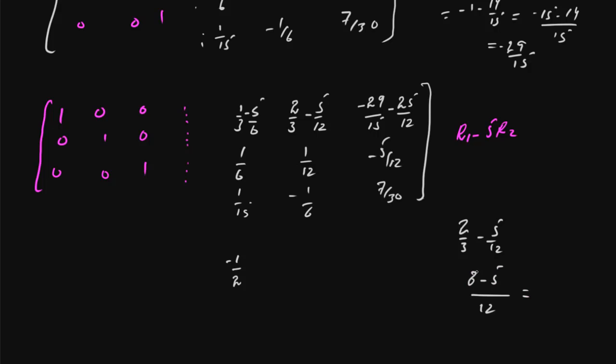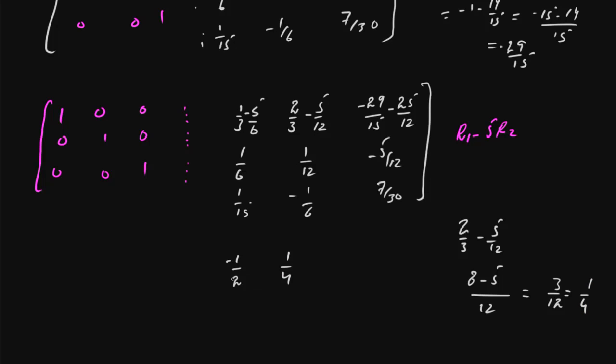We have now 8 minus 5, 3 over 12, and 1 over 4 we will get 1 over 4.